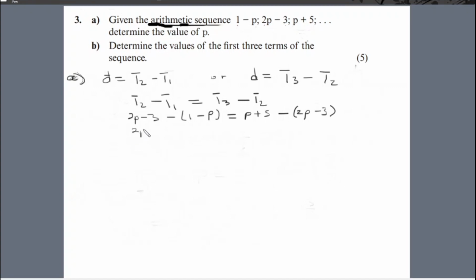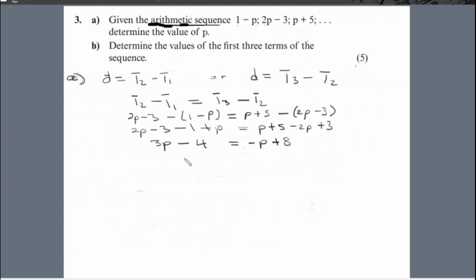The right hand side is 2p minus 3 minus 1 plus p. The left hand side we have p plus 5 minus 2p plus 3. On the right hand side we will have 2p plus p, which gives us 3p, and then minus 3 minus 1 gives us minus 4. On the left, we will have p minus 2p giving minus p, and 5 plus 3 gives plus 8.